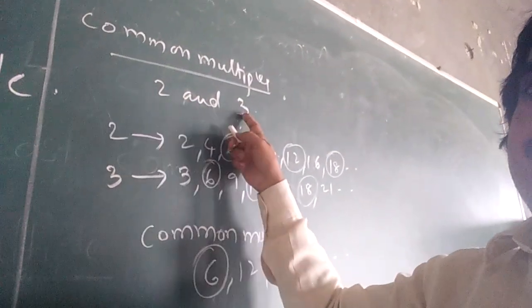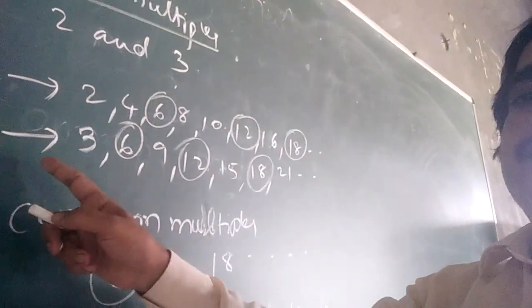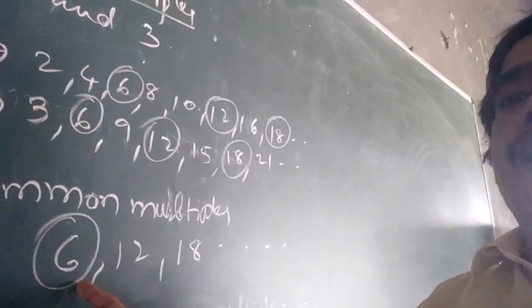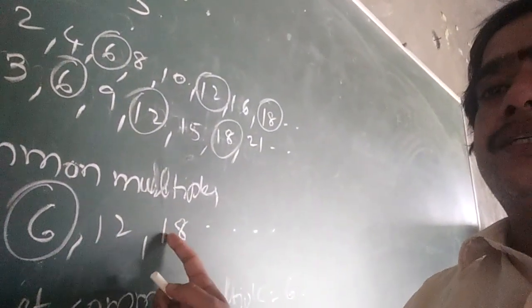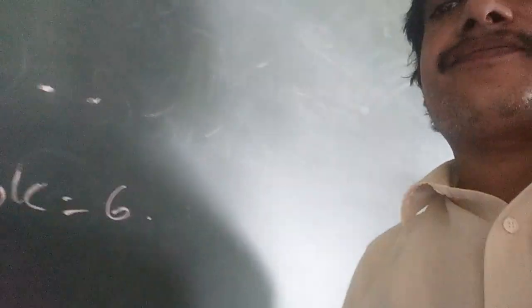First I took 2 and 3, wrote the multiples of 2 and of 3, then the common multiples. The least common multiple here is 6.